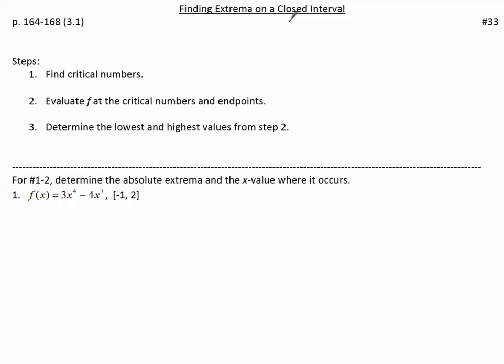Finding extrema on a closed interval. So remember, extrema means our extreme values, our absolute max and min values. On a closed interval is important because remember the extreme value theorem?